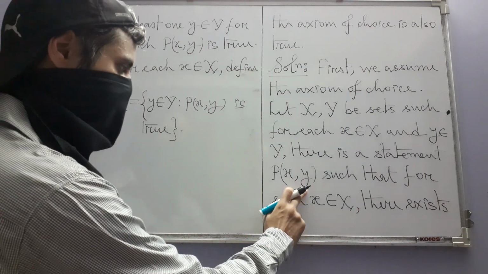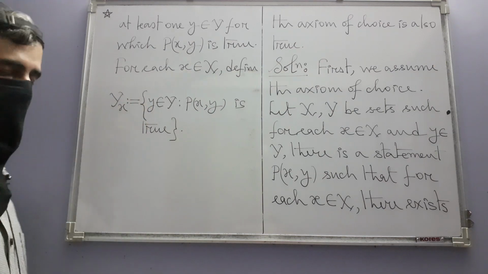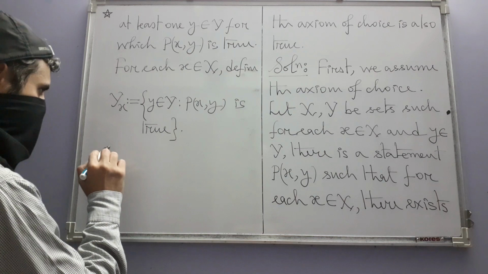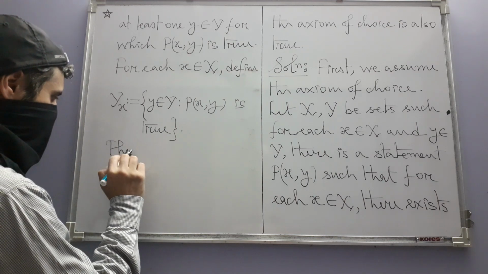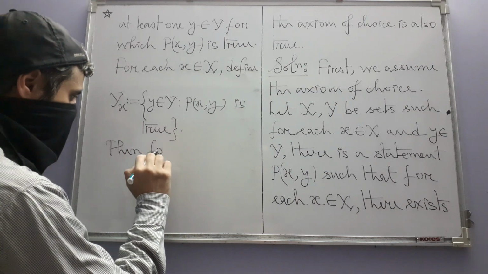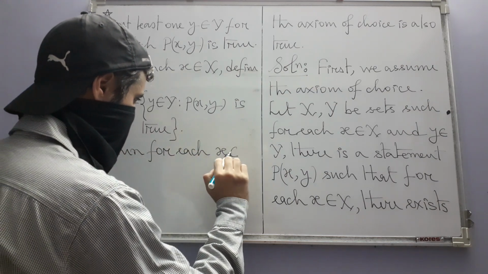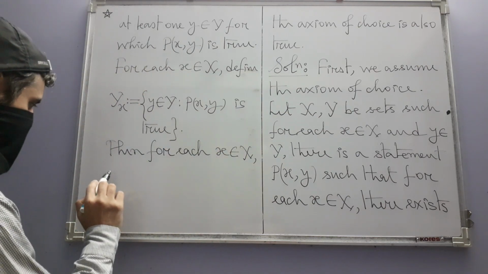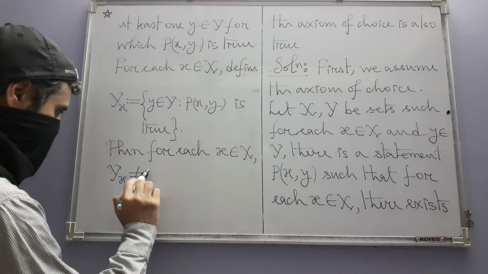Because there is at least one y for which this is true, there is at least one element in this set yx. Thus, for each x in x, yx is a non-empty set.